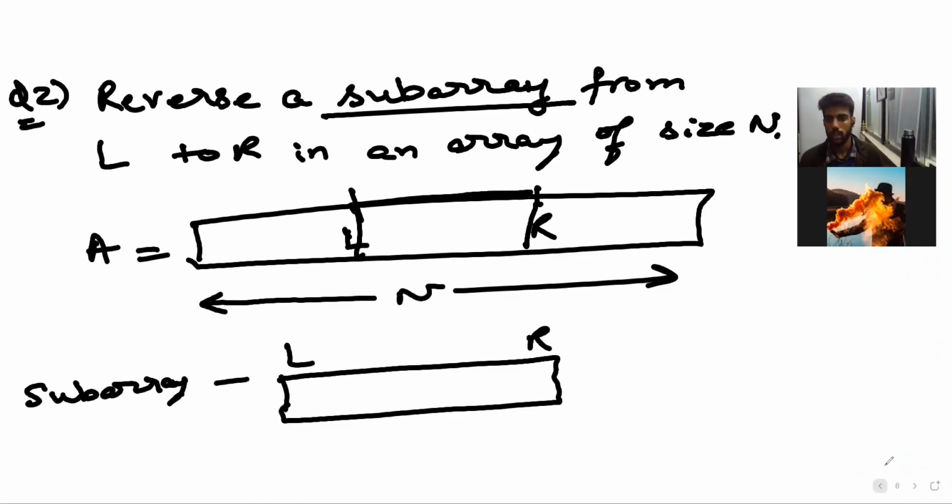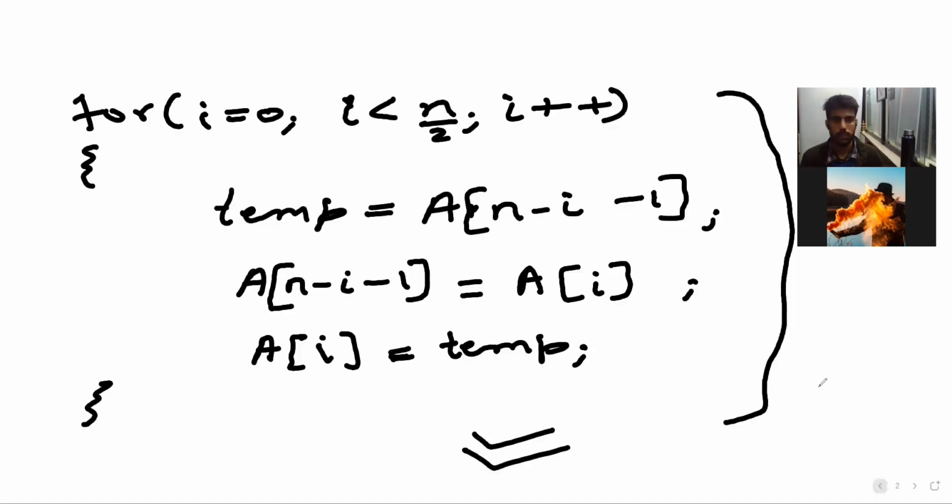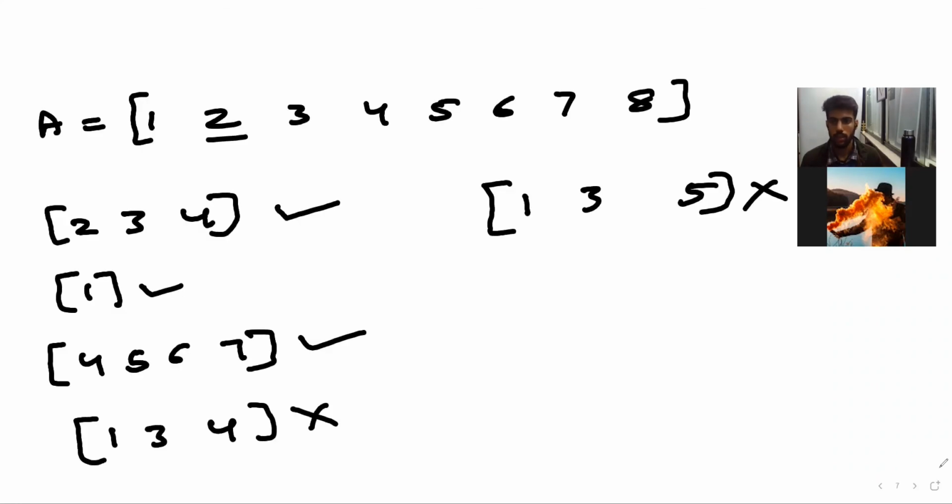So our question says, given an array of size n, you have to reverse a subarray from L to R. So do you want to do this on your own? You can take 2 minutes if you want to do this on your own. Can we start from the given index L, right?